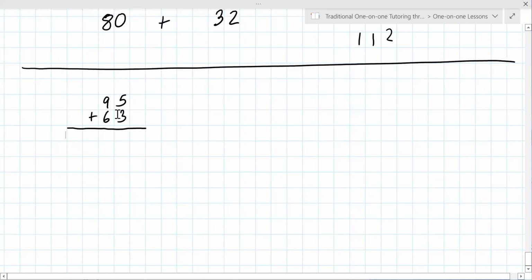Do you see that you add the 5 and the 3 first? What is 5 plus 3? 8. Now you go to the next column and you add 9 and 6. What is that? I'm sorry, 9 plus 6, I misspoke.